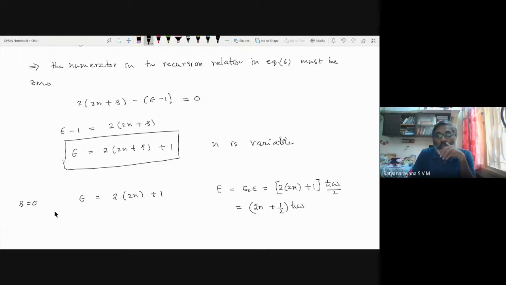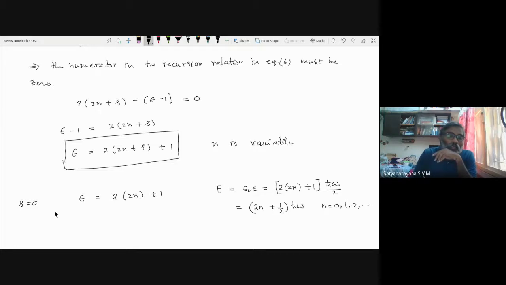Now n is equal to 0, 1, 2, 3, 4, like that. This gives you only even numbers or even parity solutions.